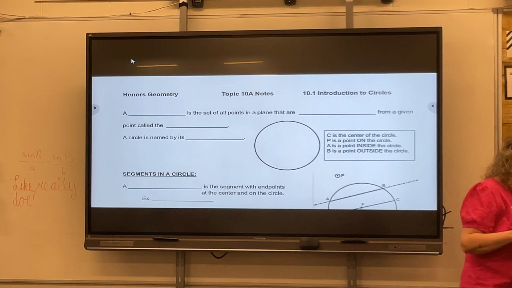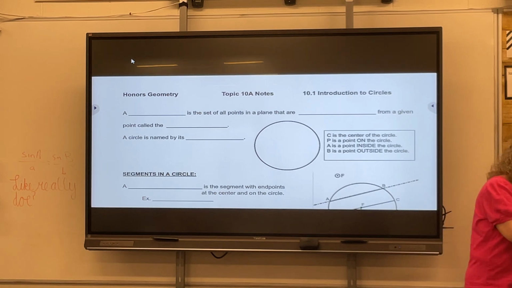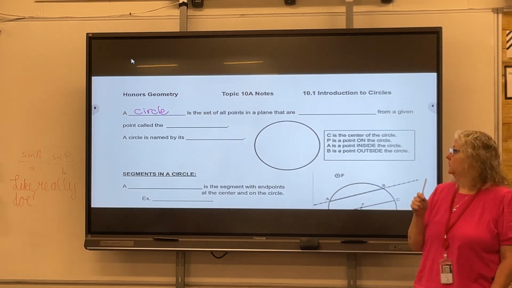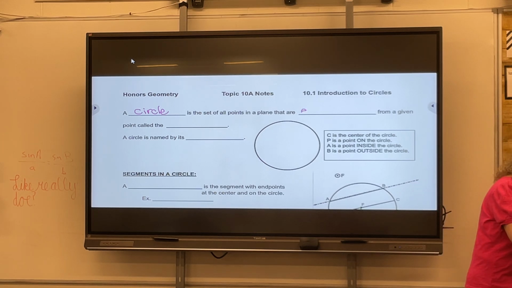All right, so first thing is how to define it. Well, a circle is the set of all points in a plane, so it's two-dimensional, that are equidistant. Big word.